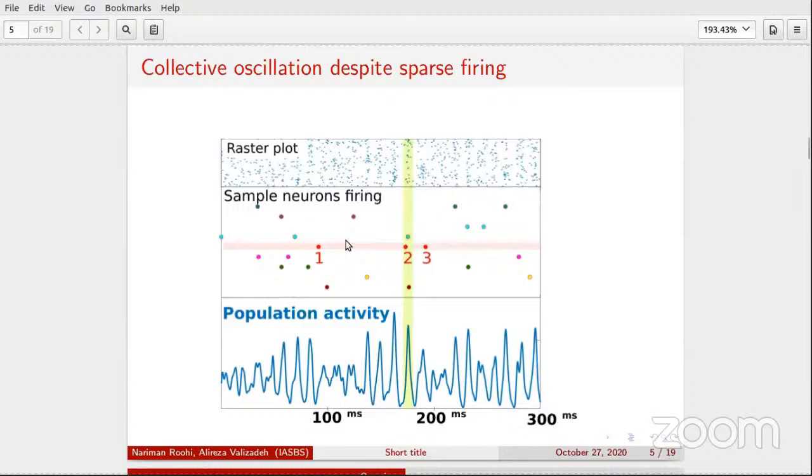Please pay attention to the top of this figure, where you can see the collective behavior of the network, and clearly you can see an oscillatory behavior of the network in spite of irregular and sparse firing of single neurons, as you can see here in the middle of the figure.